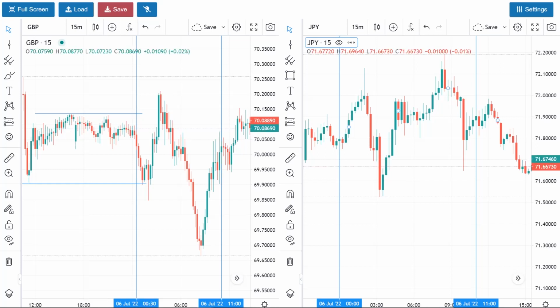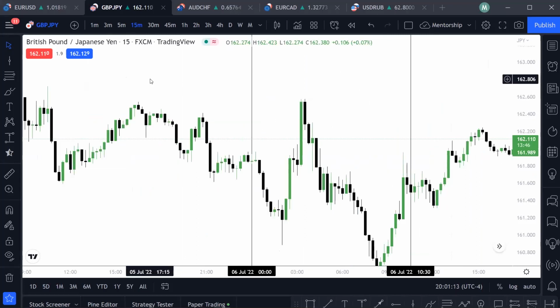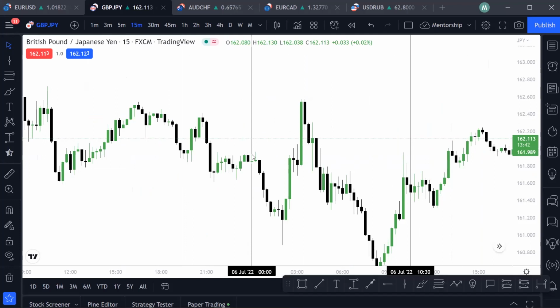Let's go to the currency pair. Now let's insert the institutional levels. So what are you going to do on a currency pair? On the currency pair, you're not going to look for Asian dealing range highs and lows.